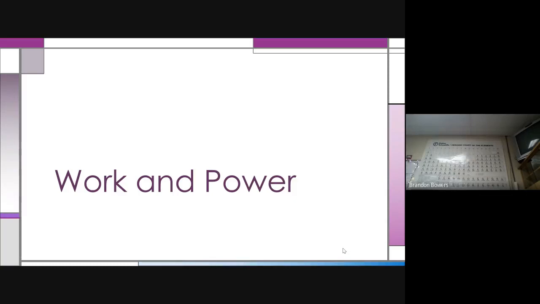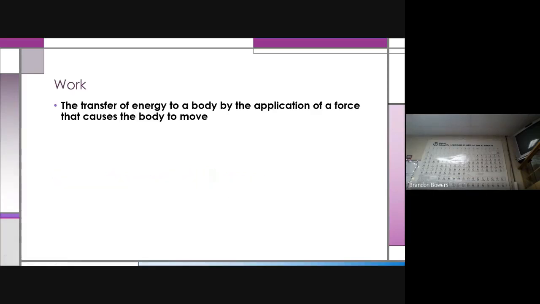Interesting stuff. All right, so let's check out the definition of work first. The transfer of energy to a body by the application of a force that causes a body to move. Am I doing work? Is my marker moving? No?